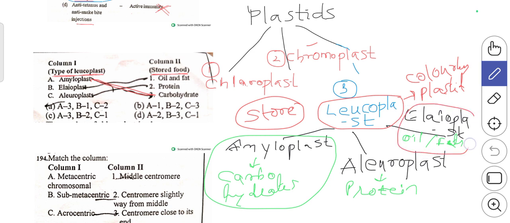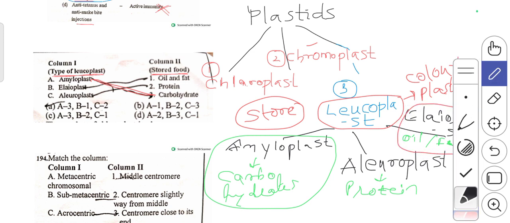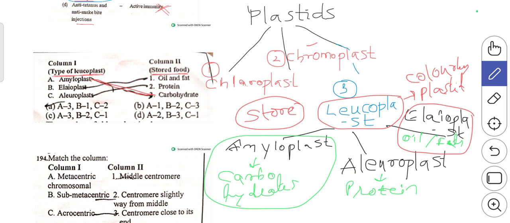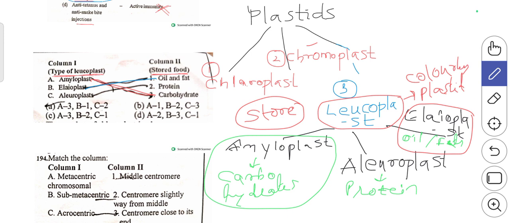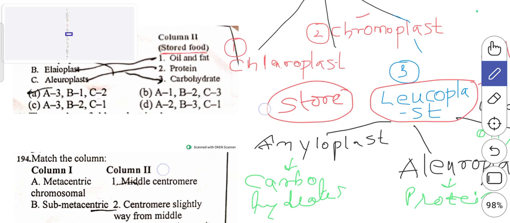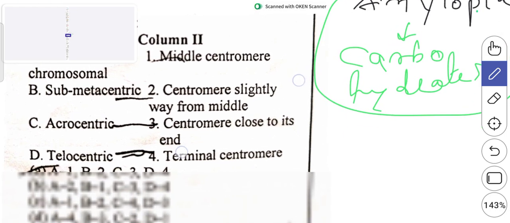It stores oils and fats. So the first one is the answer here. Then next, aleuroplast stores protein. So for this question, the right answer is A3, B1, C2. So A is the right answer. We'll discuss the next one.